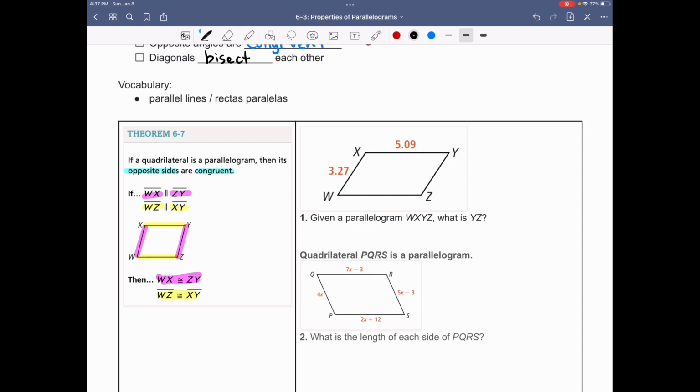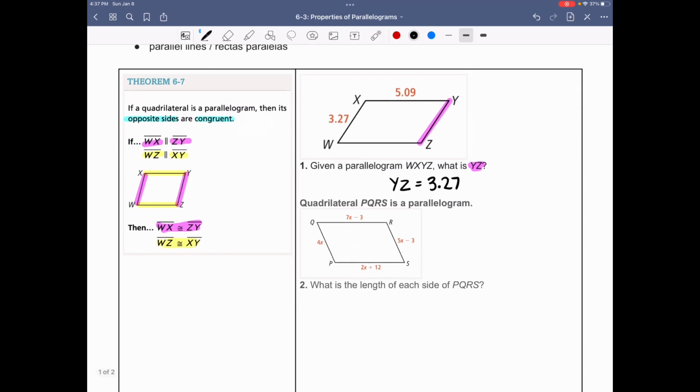In this first example, given a parallelogram WXYZ, what is YZ? So I want to know, what is this side? Well, if the opposite side is 3.27, then YZ is equal to 3.27, whatever those units are.